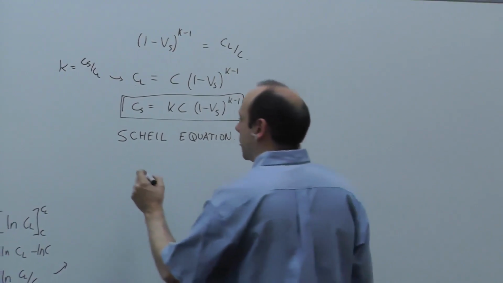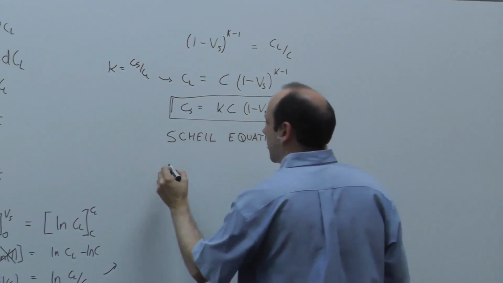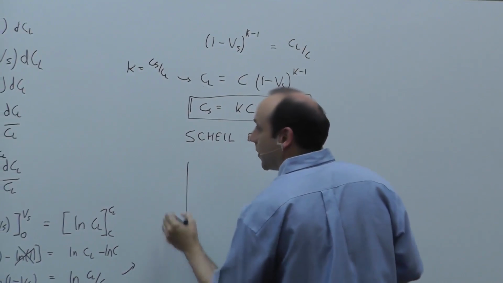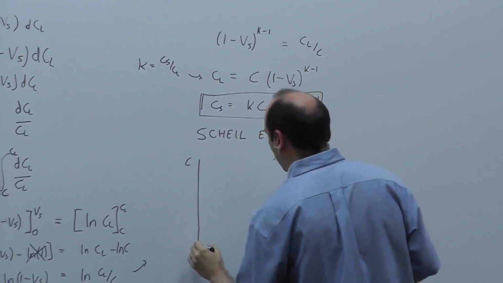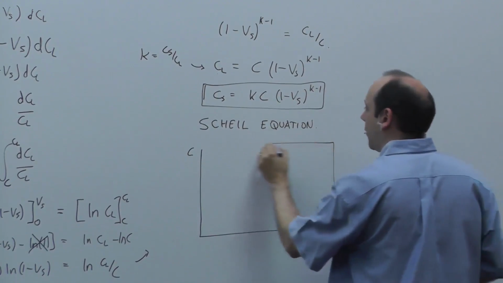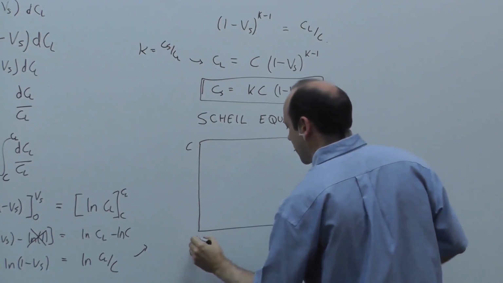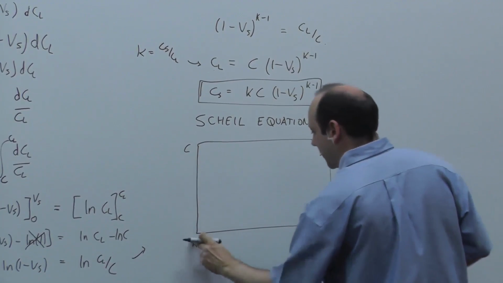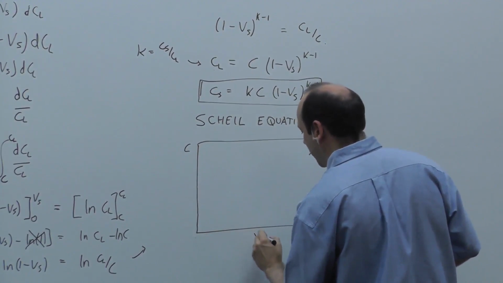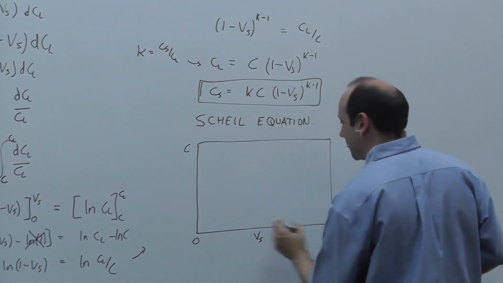So what that's going to look like, if we look at what this plays out as, when we come back to our composition against volume fraction graph, so that's volume fraction of solid from 0 to 1.